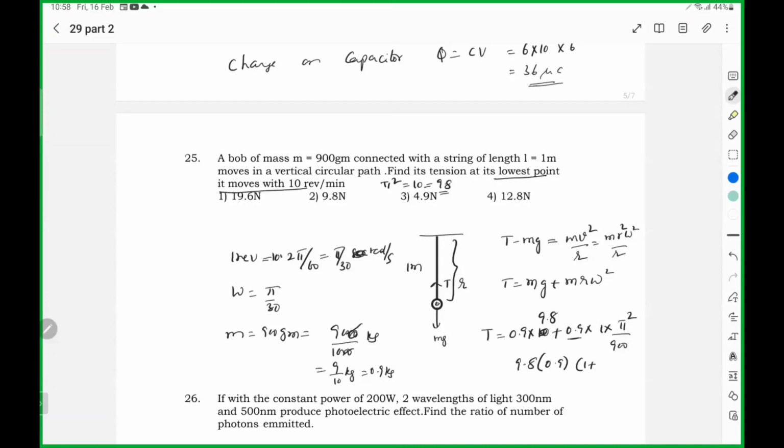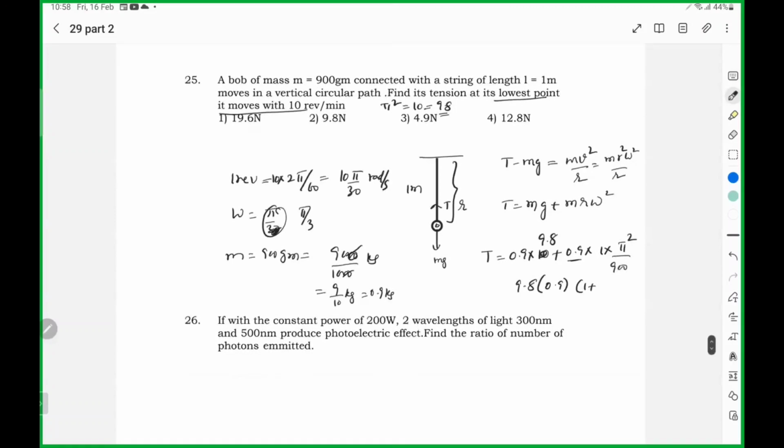It's 10 revolutions, 10 into. So here 10, it becomes pi by 3. And here it is pi square by 9. 9.9 into 10 by 9, 0.1 into 10.